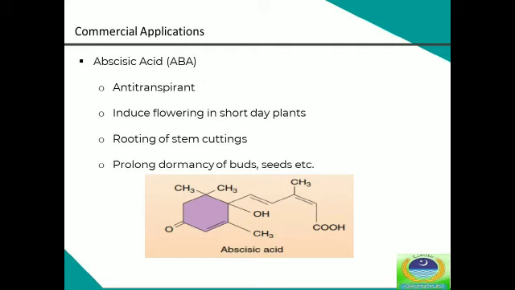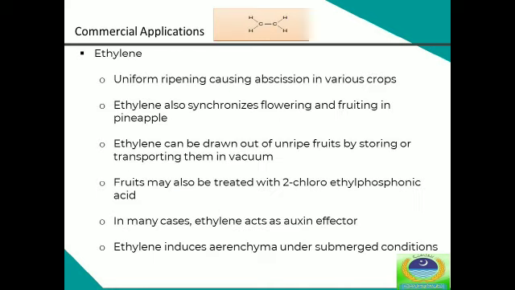Abscisic acid can also be used to induce flowering in short day plants, for rooting of stem cuttings, and for prolonging dormancy of buds and seeds for effective storage. Ethylene has many commercial applications.